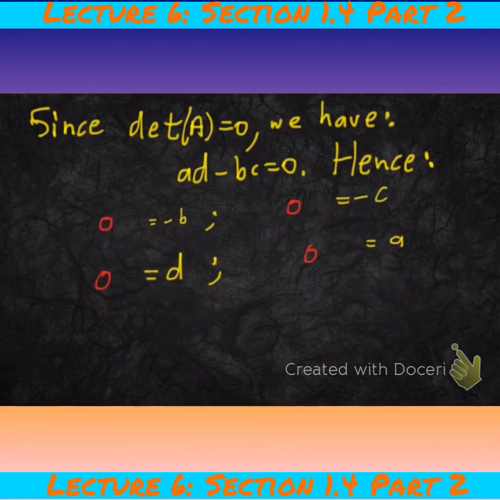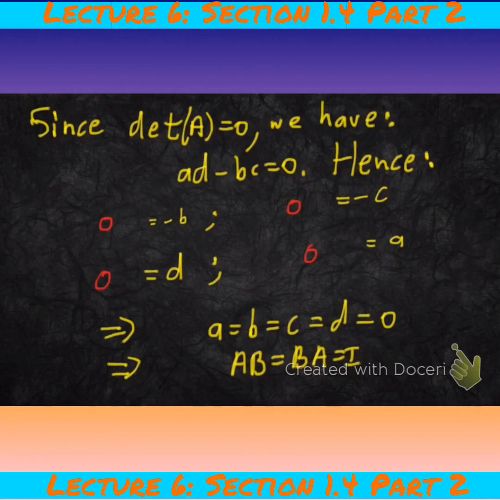From that, it basically implies that A is equal to B is equal to C is equal to D. These entries are all 0. Remember we said A times B is equal to B times A is equal to the identity matrix. And what is this A matrix?